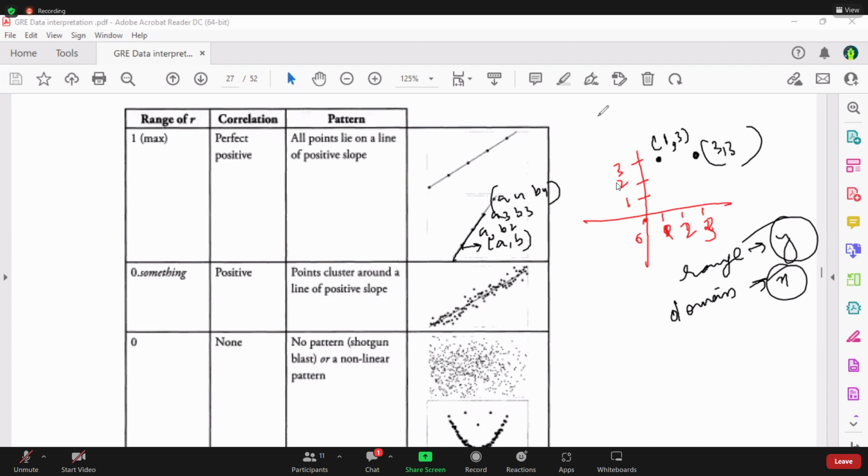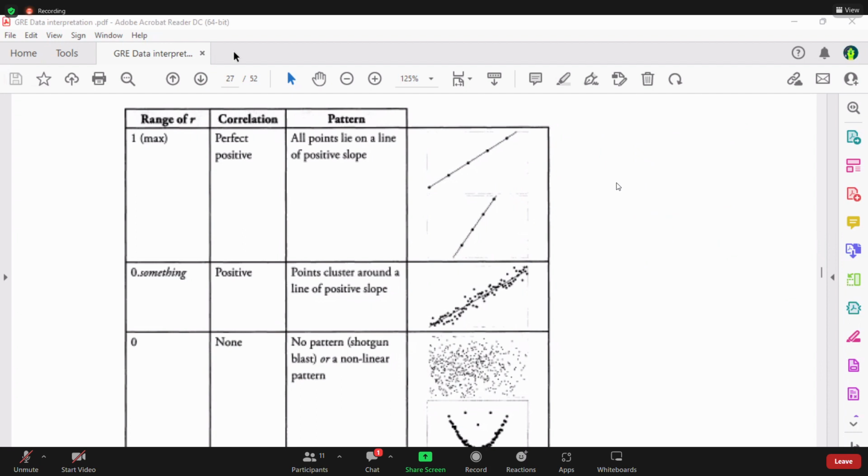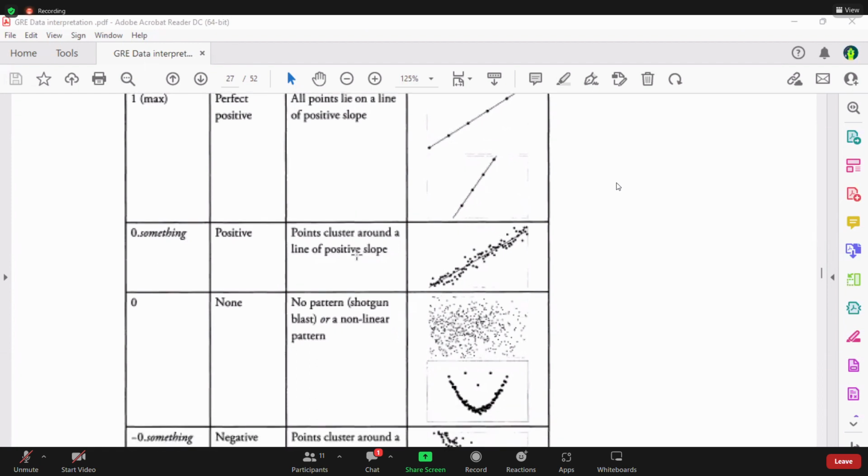So that would be your range, and then that would be your domain. All the points on the x-axis would be your domain, all the points on the y-axis would be your range. However, again, this is something which you would not be asked on the GRE test. What you would be asked is something that I can help you with.